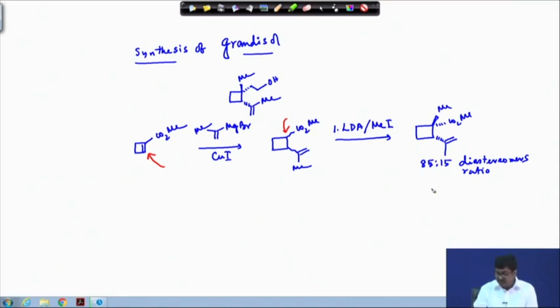Once it has been synthesized, then basic hydrolysis with KOH, potassium hydroxide, converts the ester to its corresponding carboxylate, and after that the acid chloride followed by diazomethane treatment will give its corresponding alpha diazoketone.